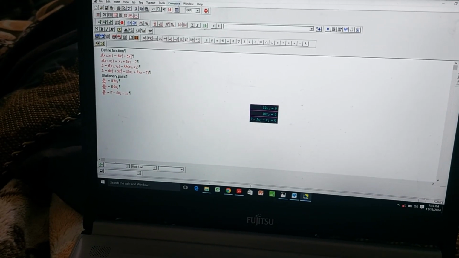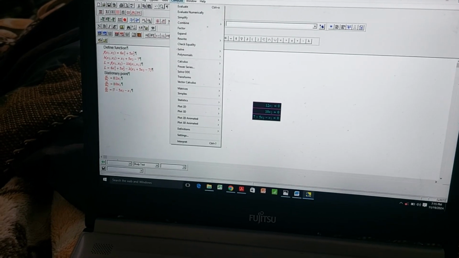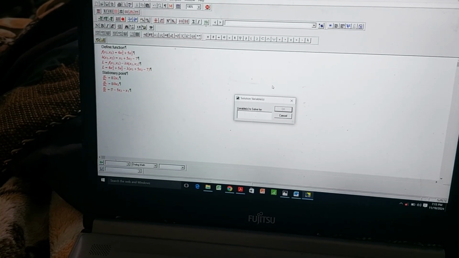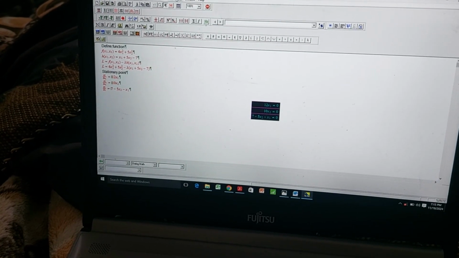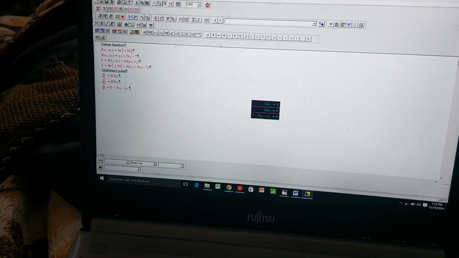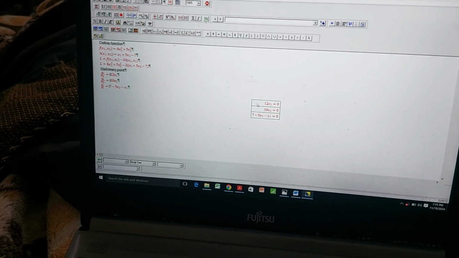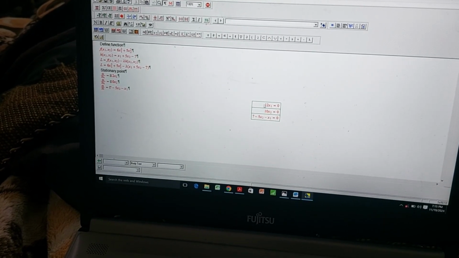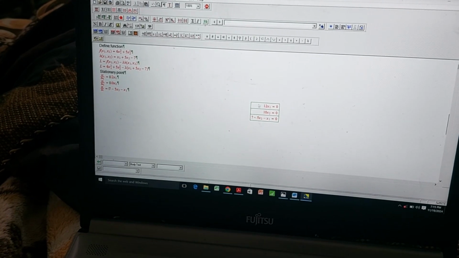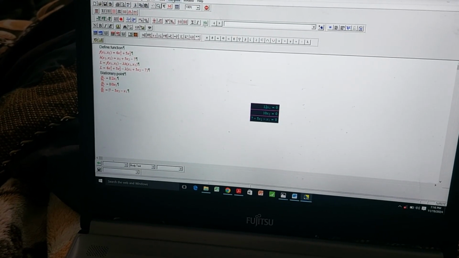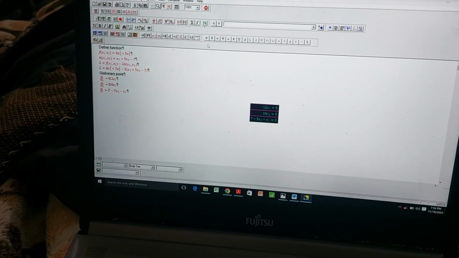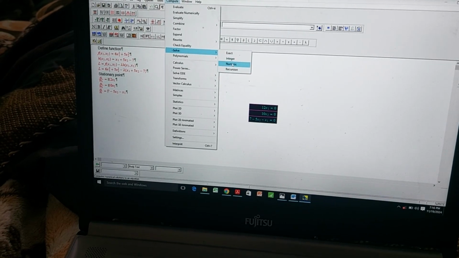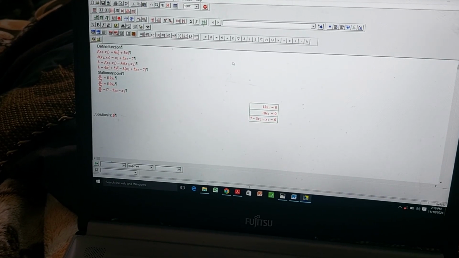To solve this, I select it, go to Compute, and solve for the exact values. Now when I solve it, the solution is 0.